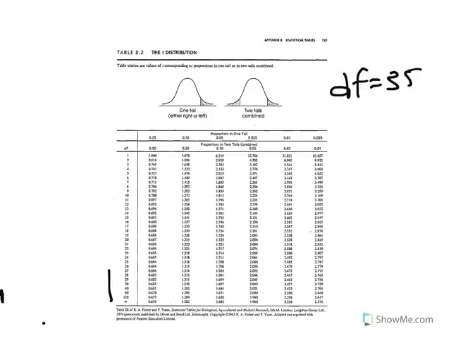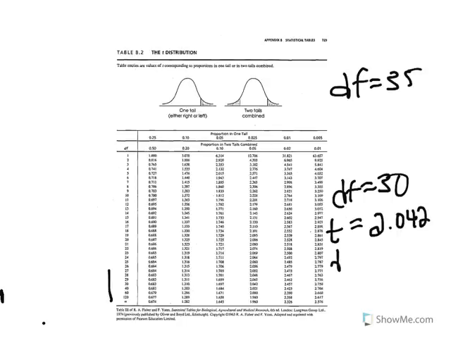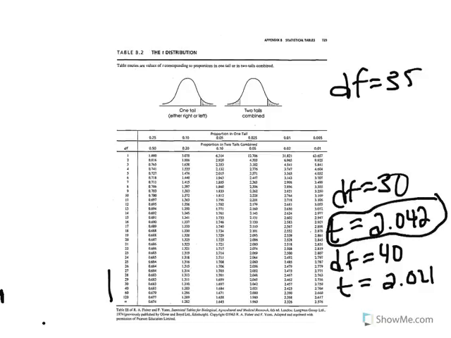so that you end up with a higher critical t value. Let's consider if I were to use degrees of freedom equal to 30, my t is equal to 2.042. If I go with degrees of freedom equal to 40, my t is equal to 2.021. When I say the more conservative t, I'm going to go with the t value that is further out in the tail, making the test more difficult to pass.